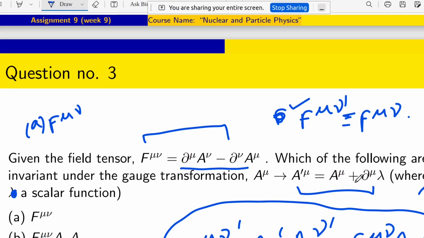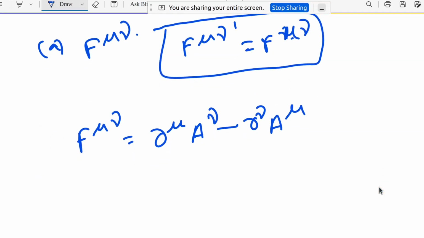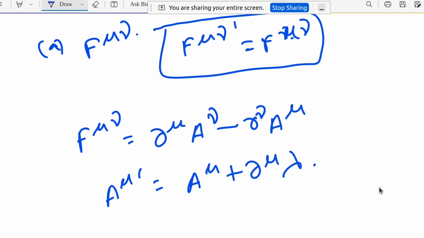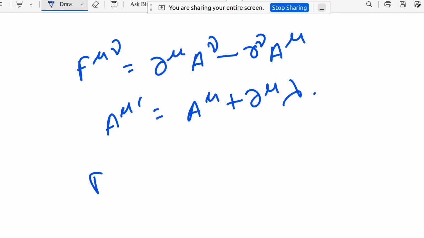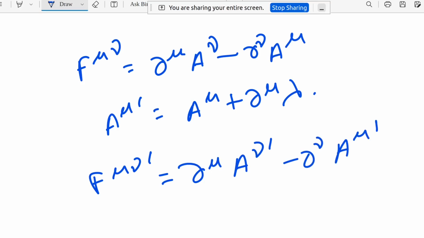And what is A mu prime? A mu plus del mu lambda. So A mu prime is A mu plus del mu lambda. Now what we will do? We will first calculate F mu nu prime. What is F mu nu prime? Del mu A nu prime minus del nu A mu prime.